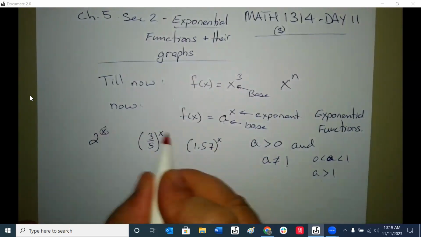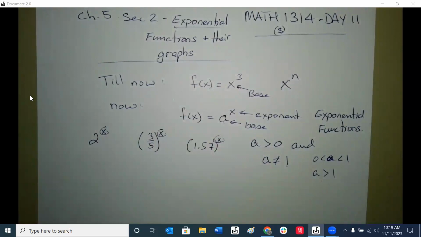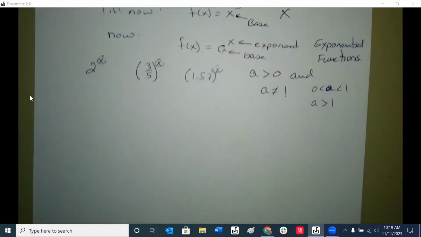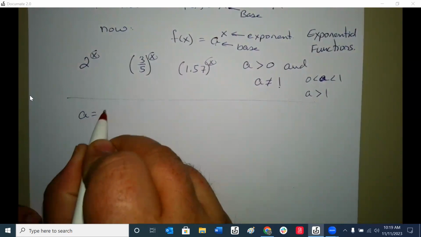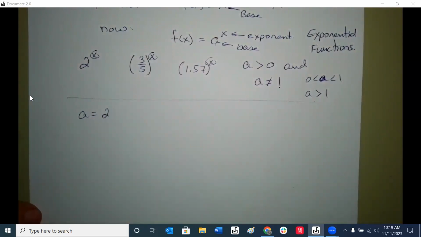As long as the exponent is the variable x, that's what we're looking for. Let's say for this example, a is 2.